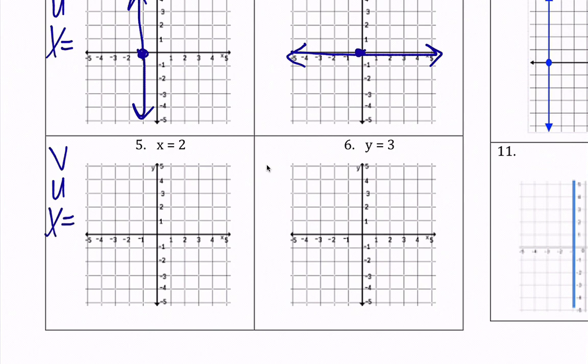Tells me x equals 2, so on the x-axis, put a dot at 2. VUX, the V stands for vertical, so I'm going to draw a vertical line through that point. On 6, I see y equals, so that's HOI. So I'm going to go put a dot on the y-axis at 3. HOI, the H stands for horizontal, so I need to draw a horizontal line through that point.